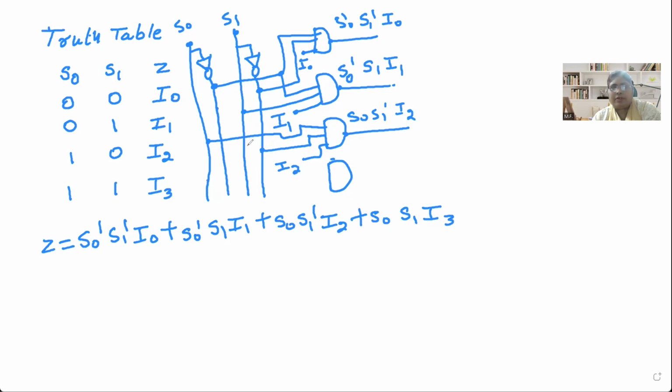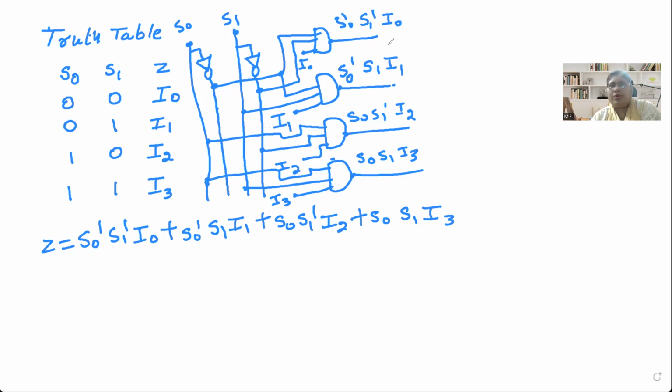So here this is S naught, then S1, and then I3. So see, output of this is S naught, S1, I3.